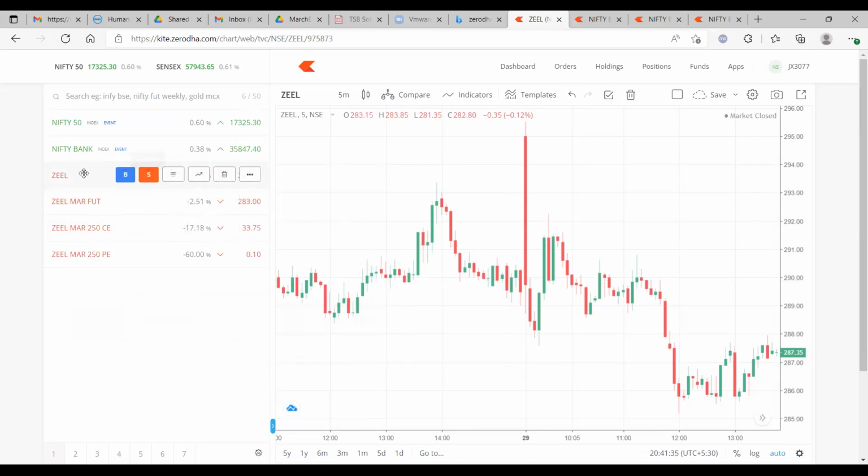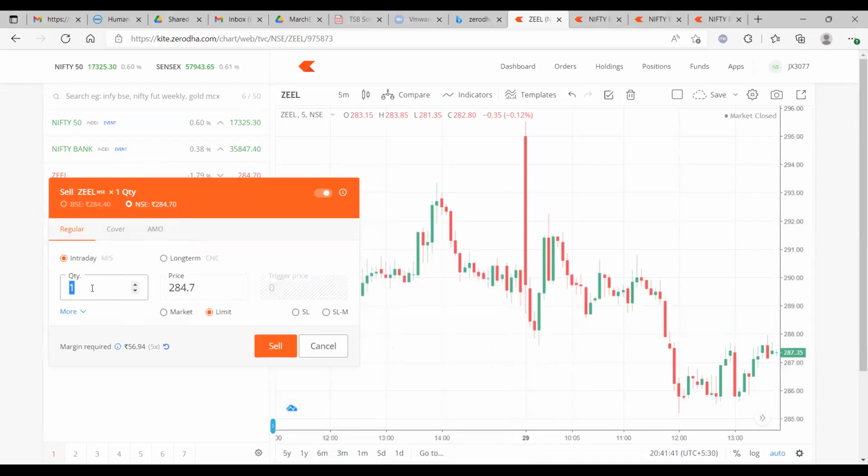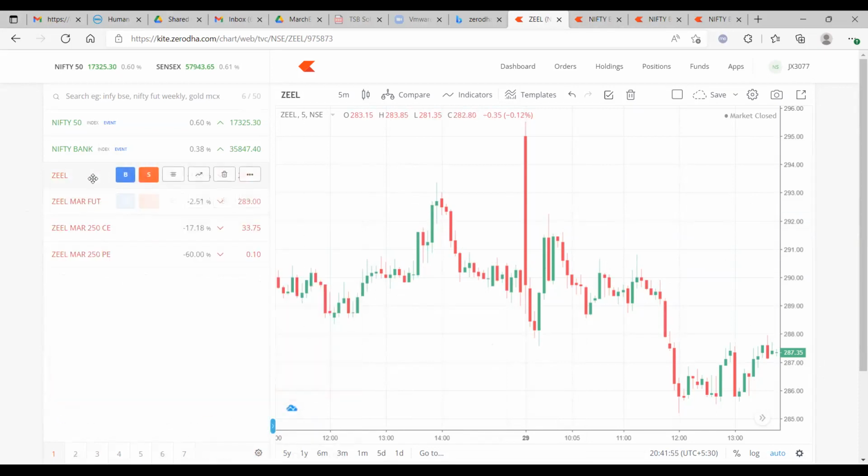Now you can go to the same stock, sell, and then the same 100 quantities, whatever you have bought. And then, for example, the exit price is say 292. So 292 is what you're going to give and say sell. So when I say buy action and then sell action, it is nothing but clicking on the buttons when you actually start trading.